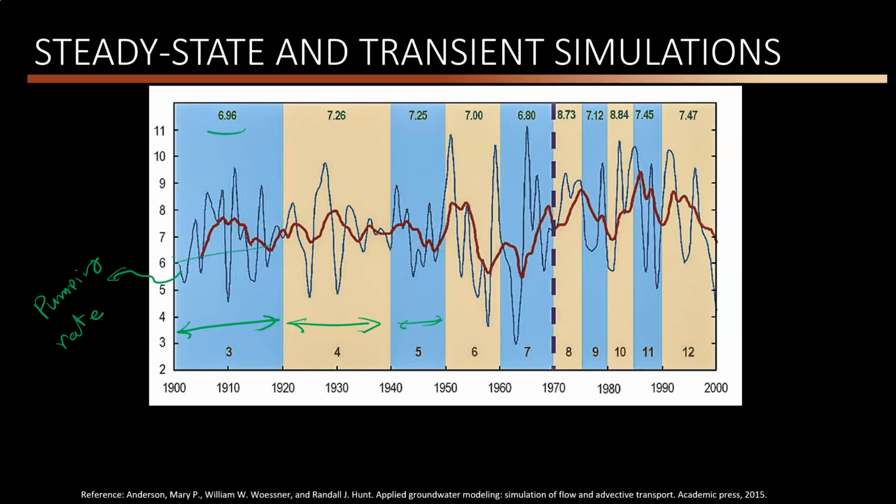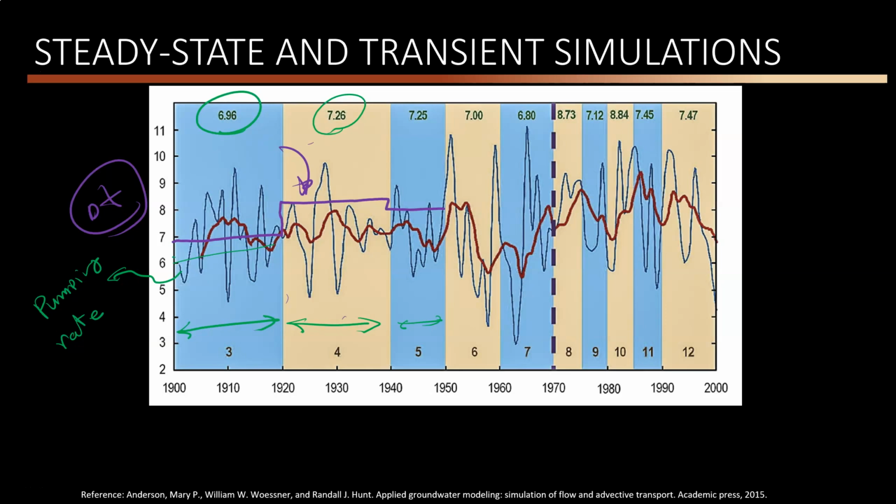For example, here the average value is 6.9, this is 7.26, and what you're doing is simplifying the system to this system. For example, something like this. So these are the things that you need to be careful with. So delta t itself is an issue that you need to think about and work on.